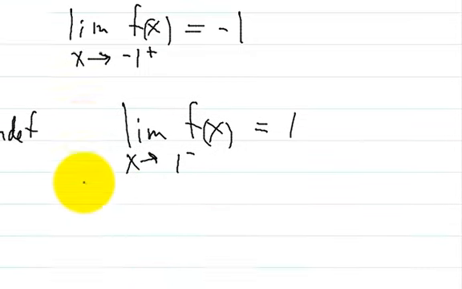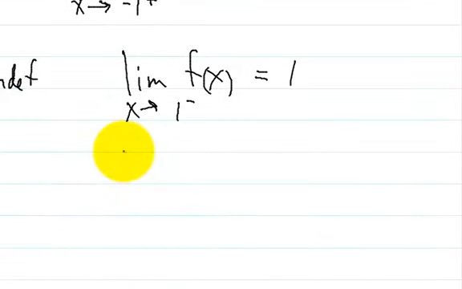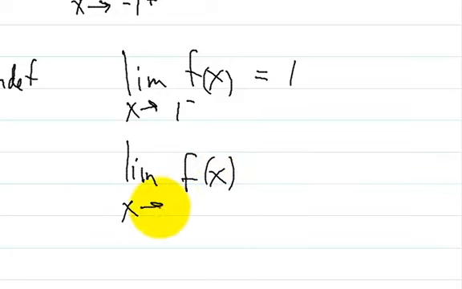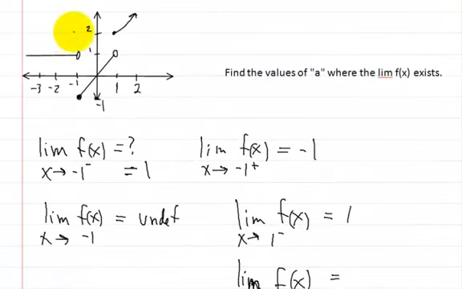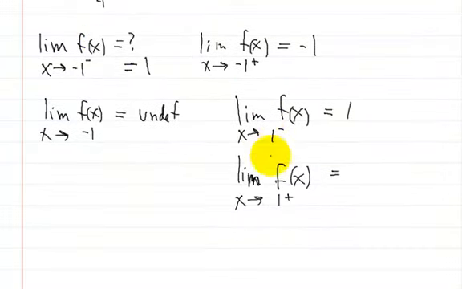And the limit of f of x as x approaches 1 from the right is going to be equal to 2.